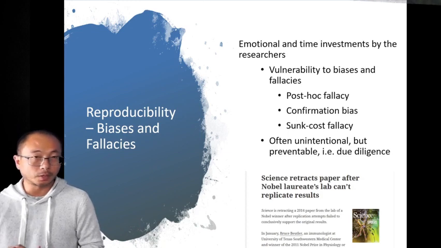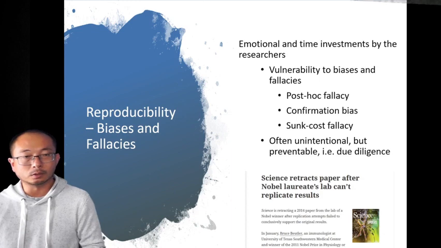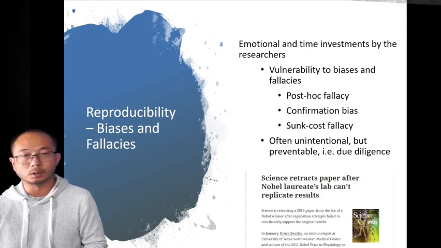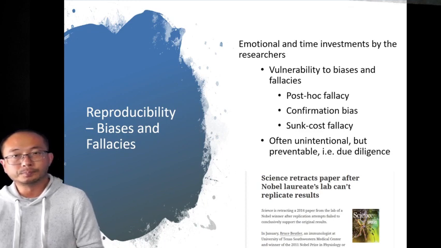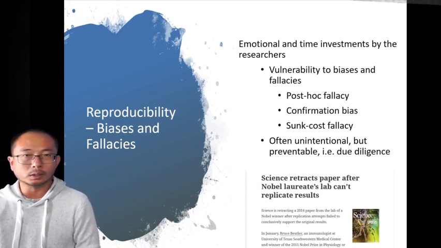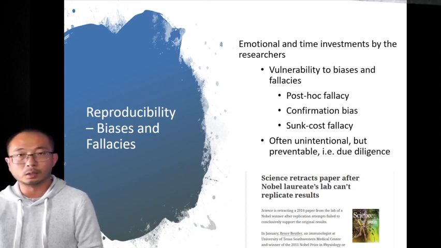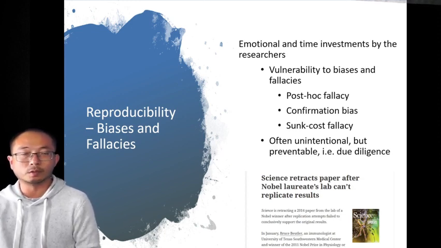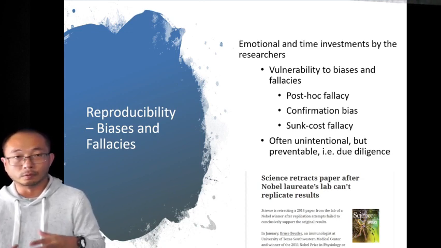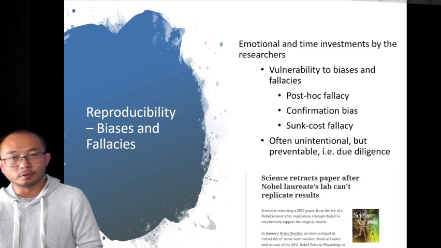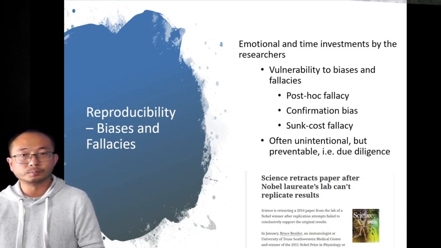They could be very expensive time wise, very expensive in terms of finances, and very expensive mentally. So once researchers become hyper aware of the various types of investment they have put in, they become very vulnerable to biases and fallacies.